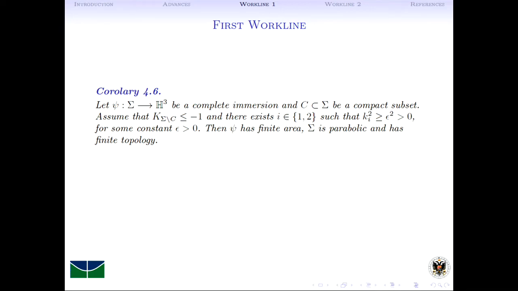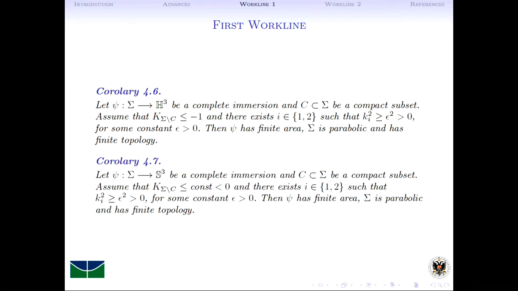And its respective result for the sphere, just adjusting, using the Gauss equation here.